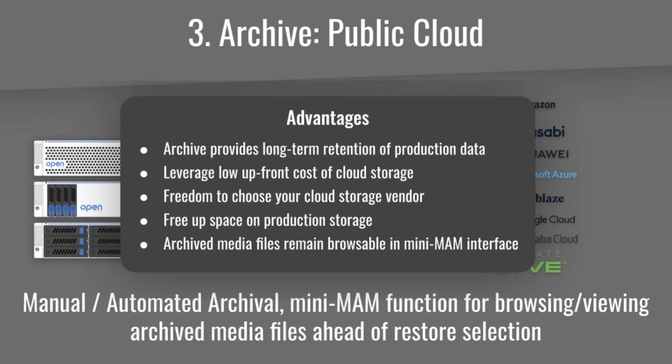You have the freedom of choice from cloud vendors, freeing up space. And as I previously mentioned, you get this mini media asset management interface through which you can recover stuff and see what's in your archive. So all of that runs on the OpenDrive stack.